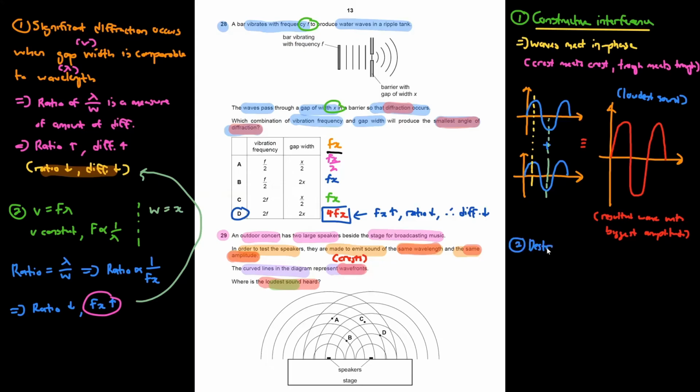Let me just write it out. For destructive interference, the waves must meet out of phase, specifically 180 degrees out of phase. So here, waves meet 180 degrees out of phase.